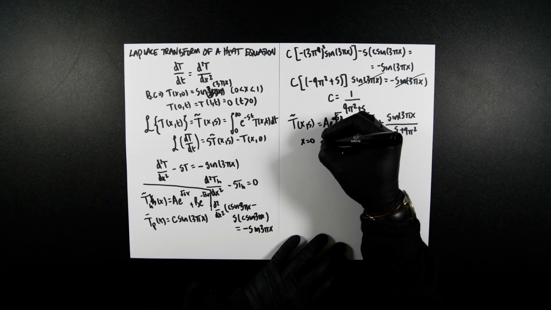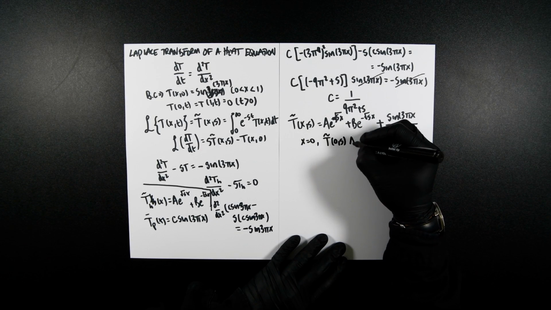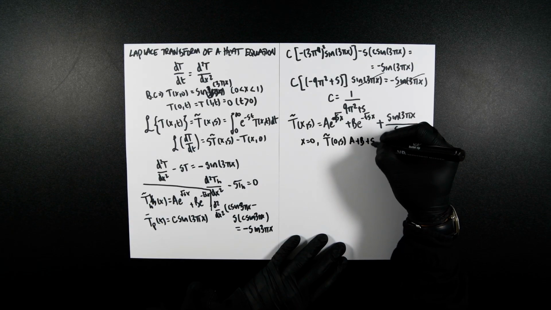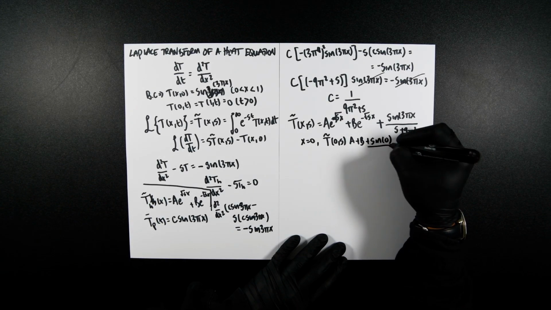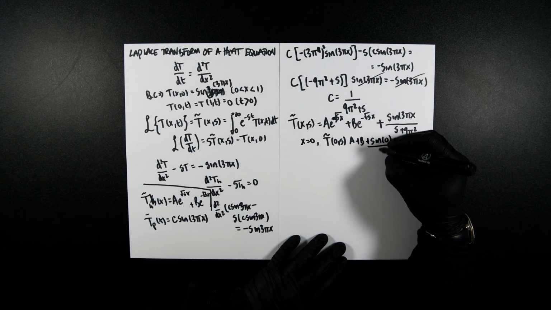So x equals 0. So that's going to be A plus B plus sine 0, because obviously we put 0 in here, 0 in here, 0 here, sine 0, over s plus 9 pi squared.